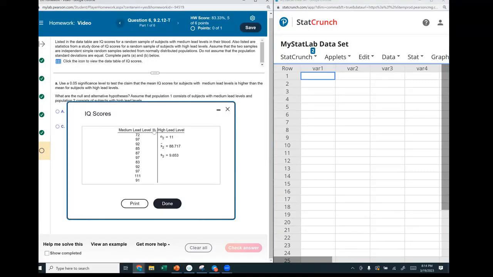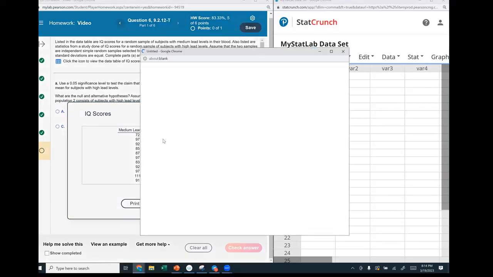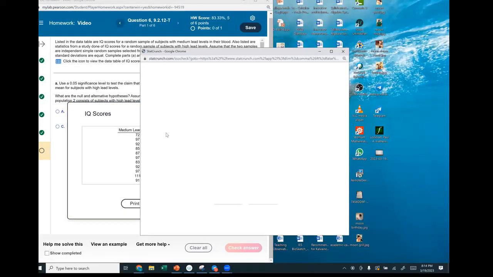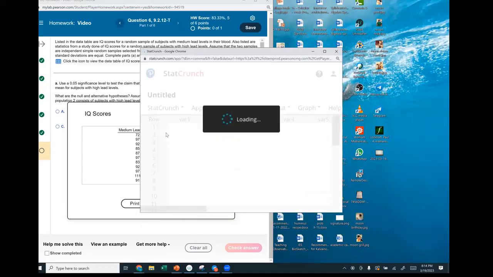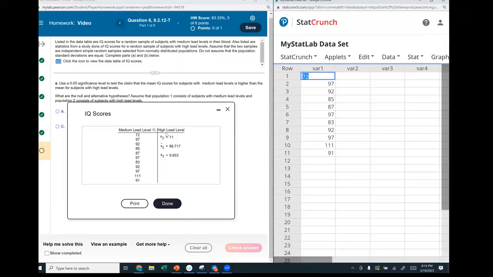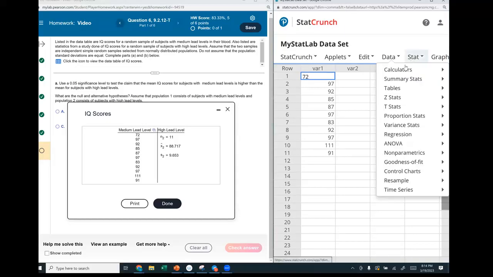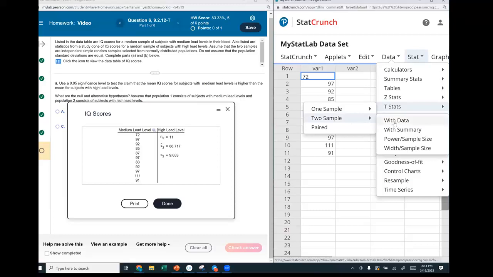So if I download this, I'm only getting part of my information, right? So you saw before that when I go to stat and t stat and two sample, I either pick with data or with summary. But here I have data on the left and summary on the right.